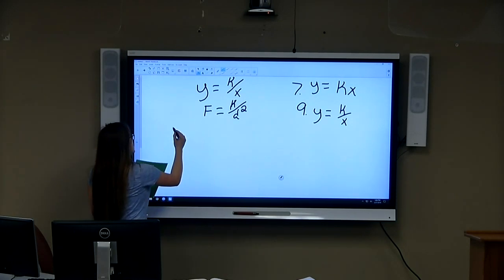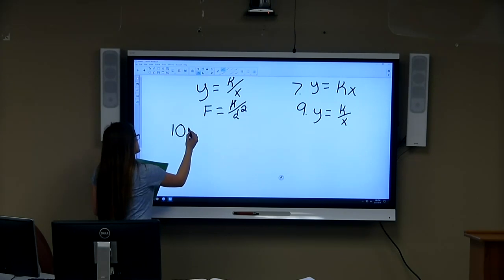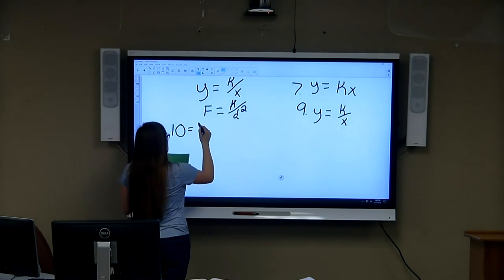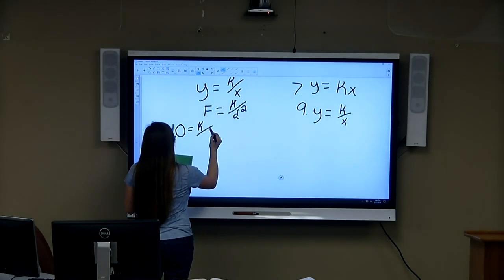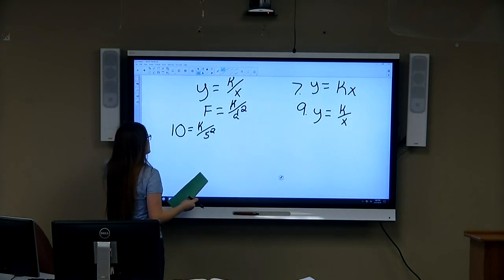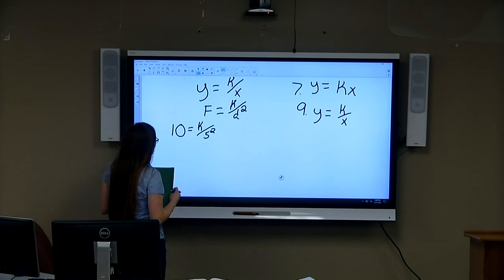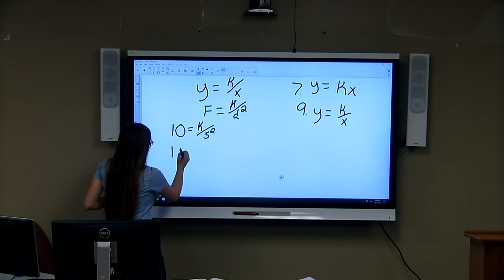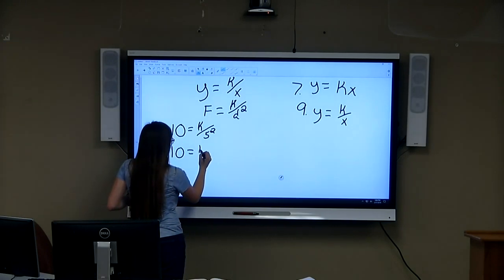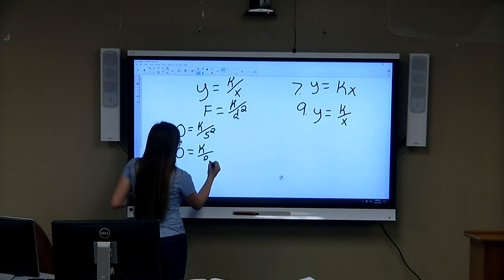So let's plug in the numbers that they gave us. 10 for F, and then K stays how it is, and d becomes 5 squared. That gives you 10 equals K divided by 25.